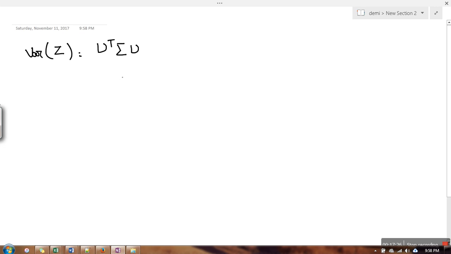Now the thing is that these u transpose and u are directions, and we will put one more constraint that u is a unit vector.